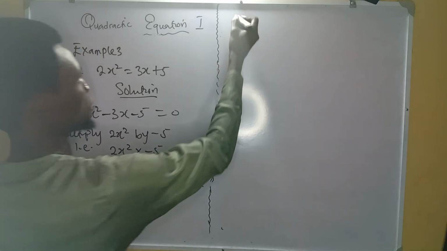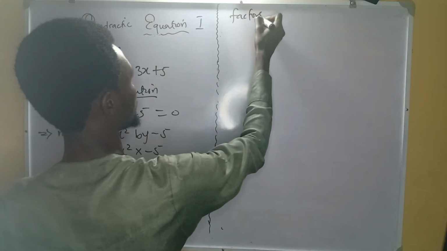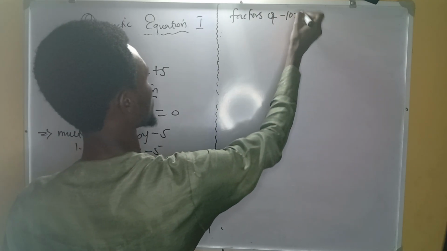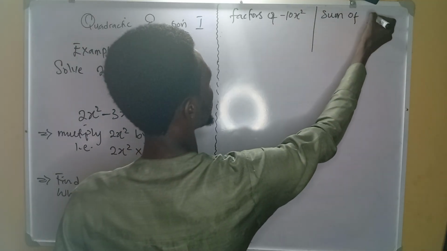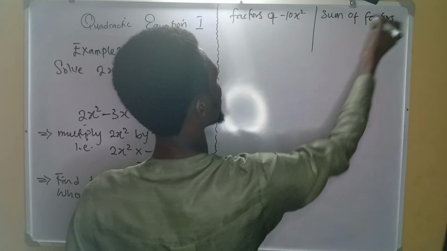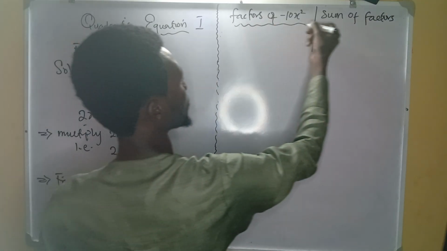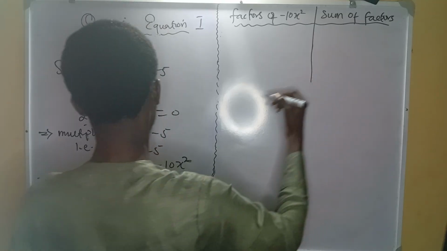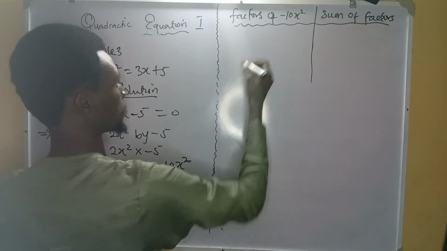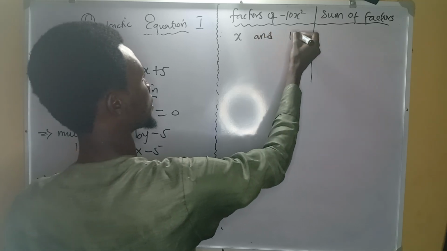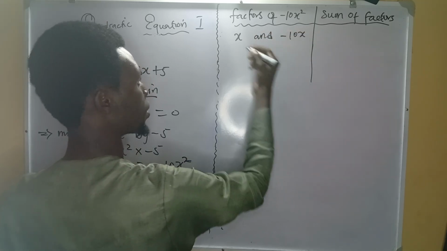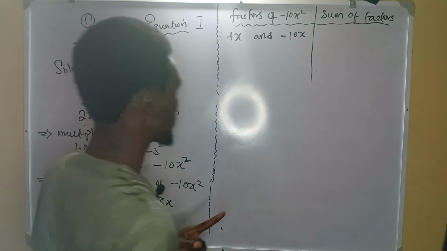So what we have to do is say factors of minus 10x squared and sum of factors. So we'll have 1 and 10x. Remember, the bigger will be negative.